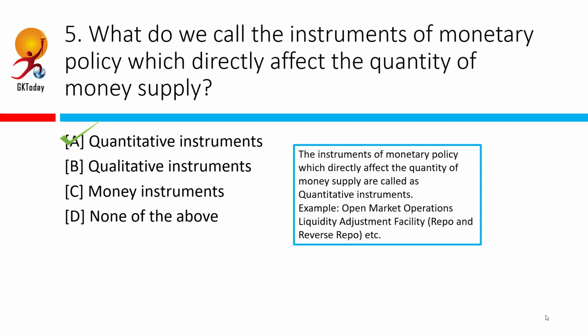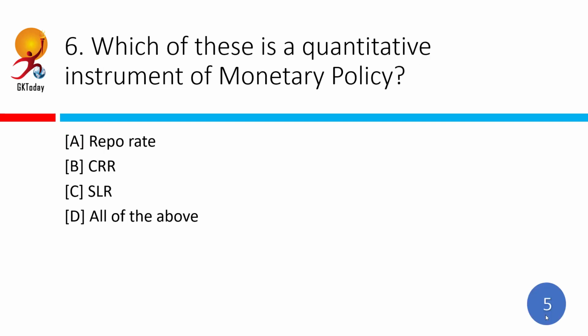They are open market operations, liquidity adjustment facility, that is repo and reverse repo rate, marginal standing facility, your SLR, CRR, bank rate, credit ceiling, etc. On the other hand, qualitative instruments have credit rationing, moral suasion, direct action, that is, actions taken by RBI on banks.